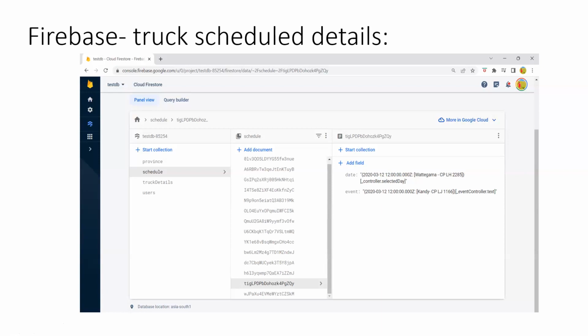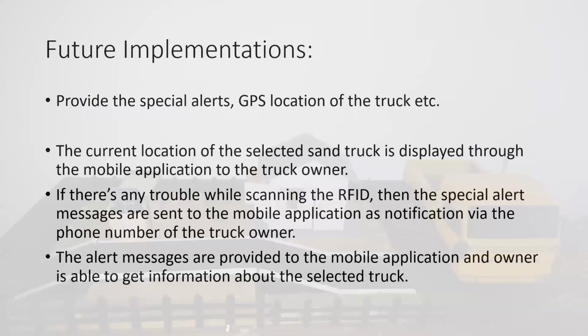In the future implementation, I'm trying to add GPS tracking to make sure that sand truck owners are able to track where their vehicles are located at a particular time, which is very helpful for understanding that each and every sand truck is going through the exact location.